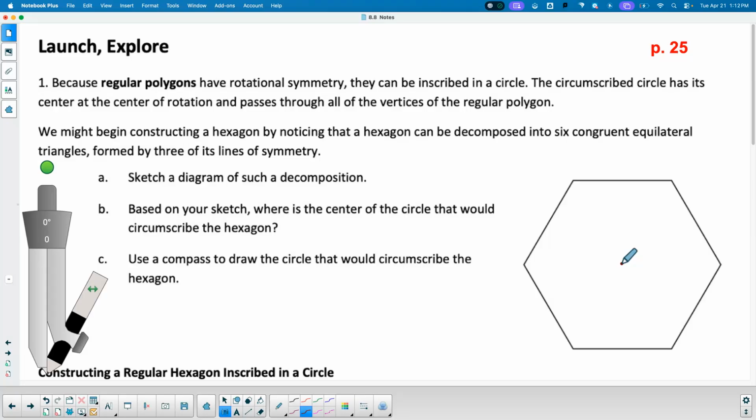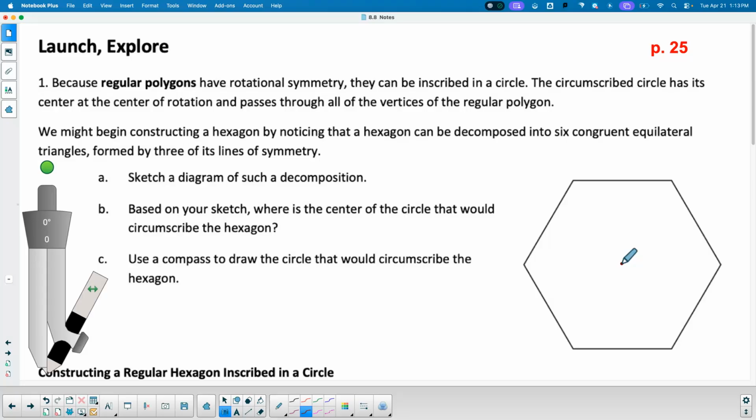Okay? So that is inscribing a polygon inside of a circle.